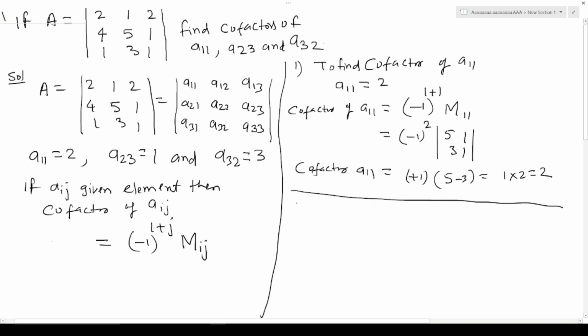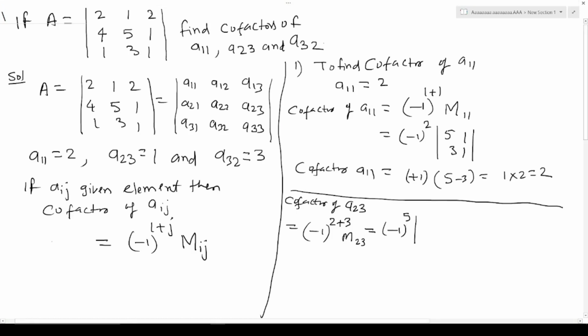After that, the cofactor of A23 is nothing but minus 1 raised to, as per this formula, 2 plus 3 and the minor of 23 equals minus 1 raised to 5 and the minor of 23.